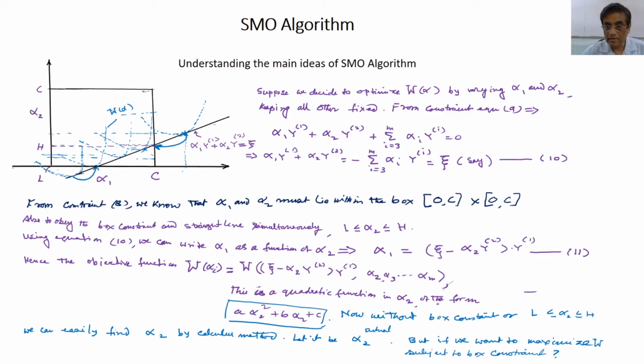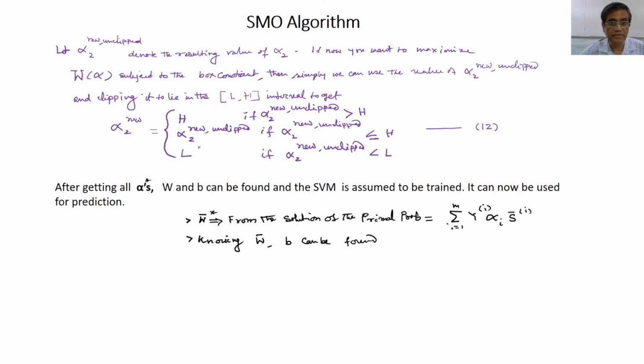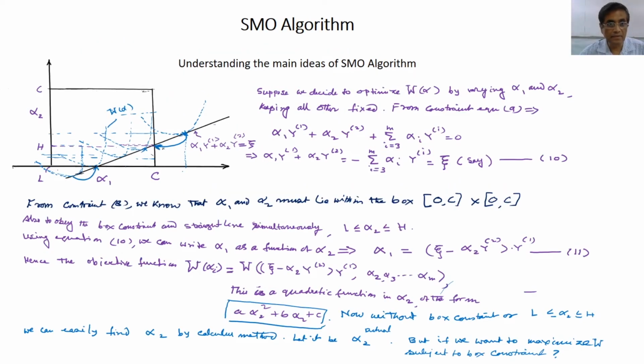Without the box constraint this will be the function, but the moment you are constraining it, your solution will be constrained. So it is H if it is greater than H. You can keep it as it is, the new unclipped value, if alpha 2 new unclipped is less than or equal to H. We have retained the notations same as the original algorithm, so that it will be easier for you to read the algorithm. Is it clear? It is very simple.